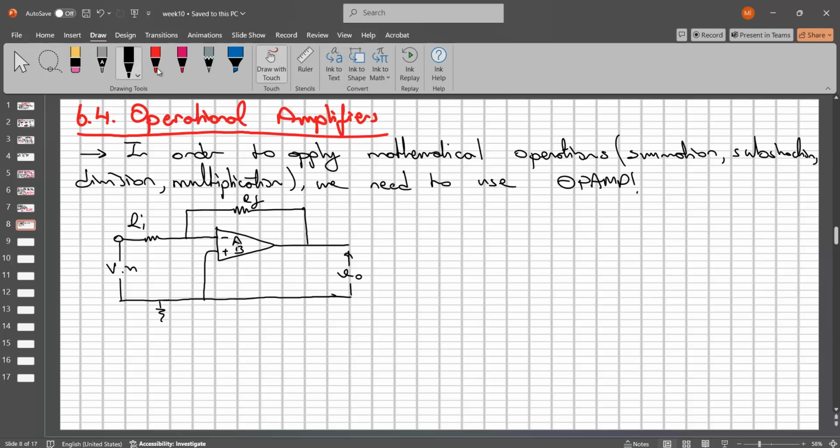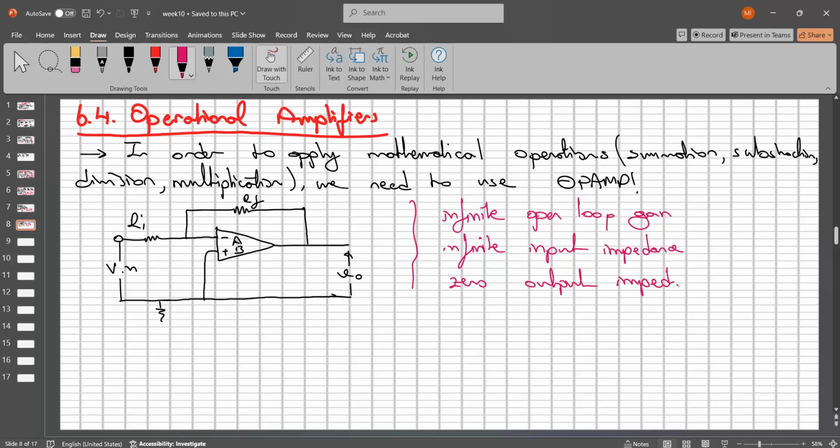And so, what is the rule to solve this op-amp equation? Anyone remember about the infinite open loop gain? Infinite input impedance, zero output impedance.